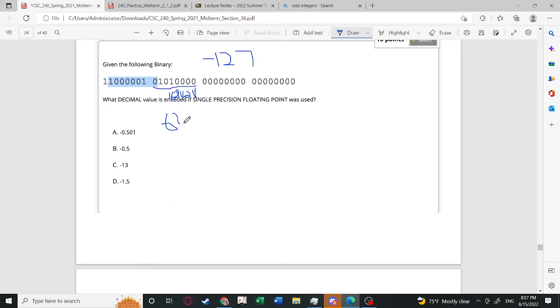Where's the highlighted part? The blue part is the exponent. Yeah, you're right. So this part is the exponent, and this is a decimal. And since here's a 1, this is negative.